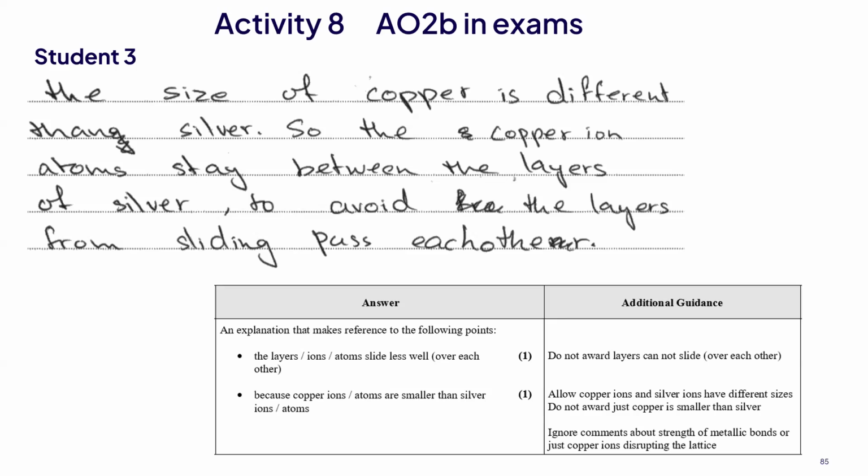The size of the copper is different from the silver alone would not be good enough for MP2, but then they've referred to the copper ion, which makes it clear enough that the candidate is writing about metallic particles and not just lumps of the two metals. And if you feel that this candidate is writing about the metallic particles and not just the lumps, then you can award MP2, which I am happy to do.